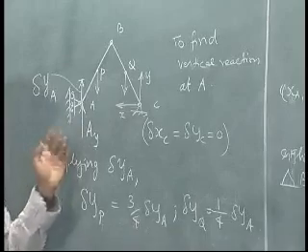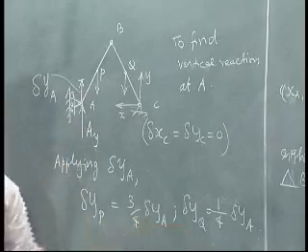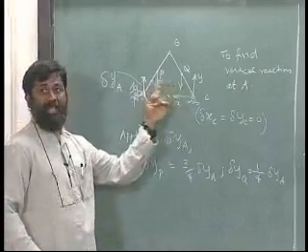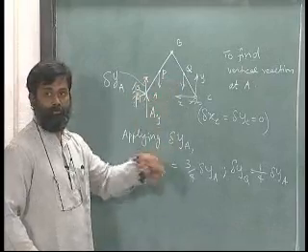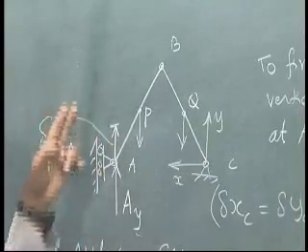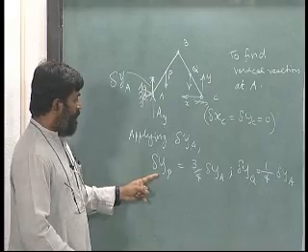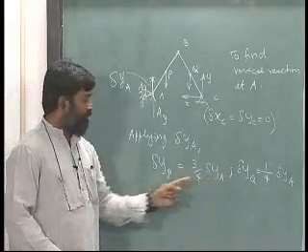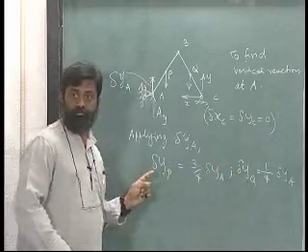Why did we look at delta yp, delta yq? Because those are the active forces for which we need to find out. Okay. And what is the direction of these? This is upward direction, this is upward direction, because they are positive motions.